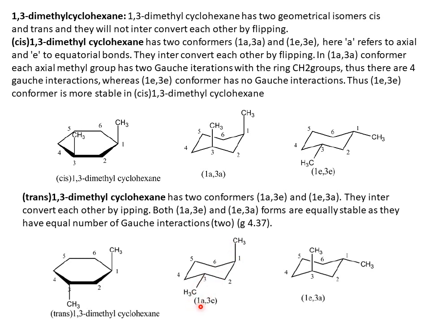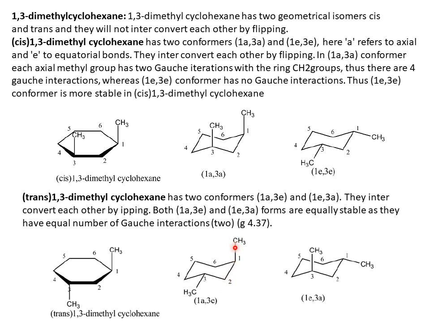So we can say that at the first position we have 1A, and at the third carbon atom we have an equatorial group. When it undergoes flipping, axial methyl groups are converted to equatorial and equatorial methyl groups are converted to axial. So by the flipping process, this methyl group becomes equatorial and this equatorial methyl becomes axial.